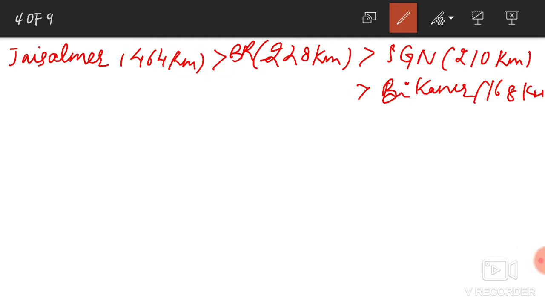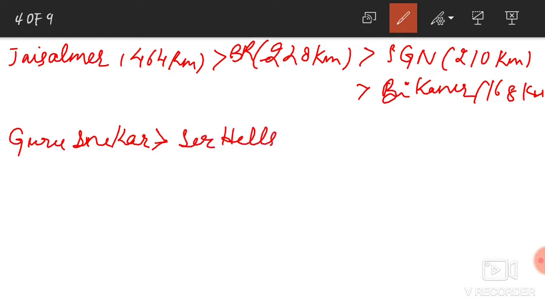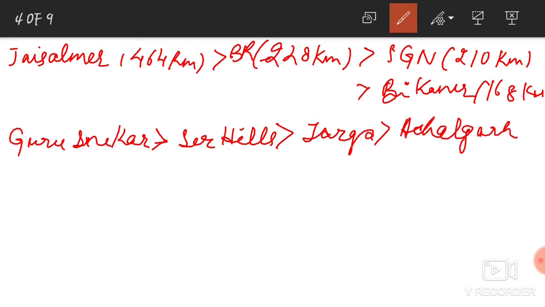The peaks in Rajasthan are Guru Shikhar, Ser Hills, Jarga, Achalgarh and Raghunathgarh.